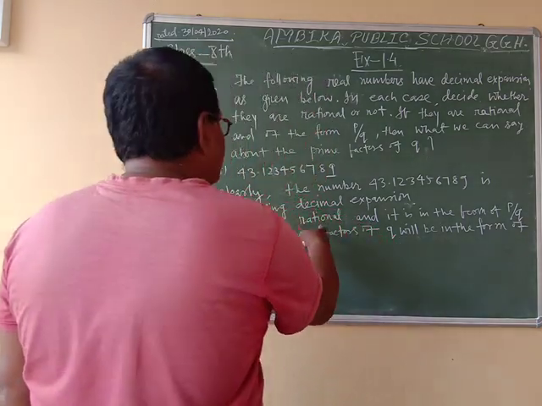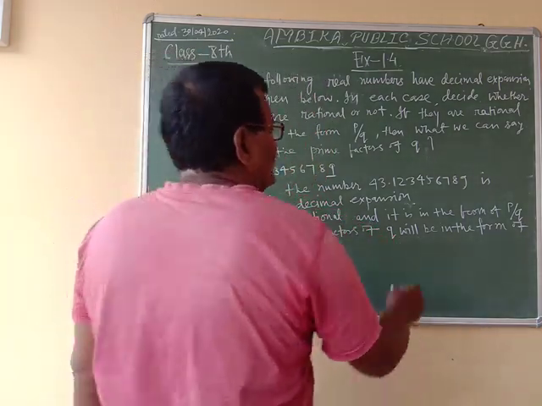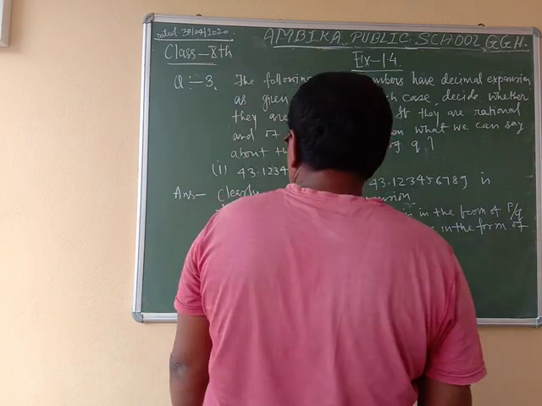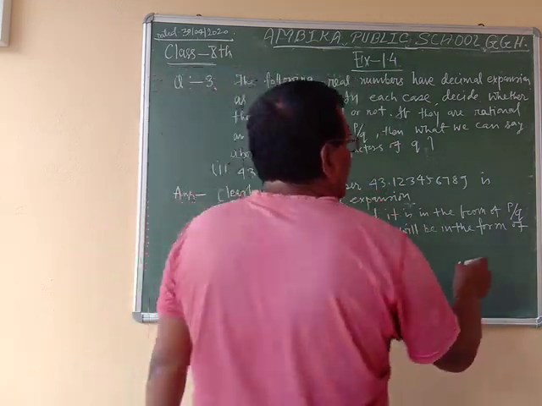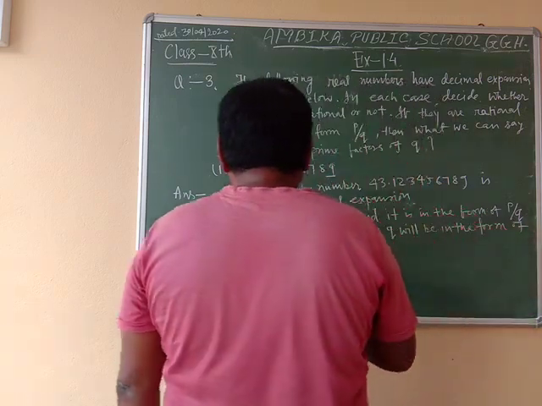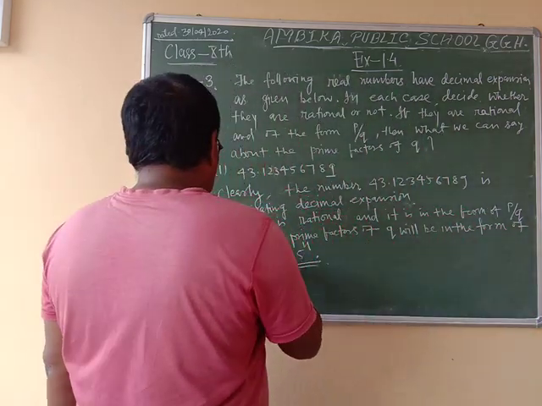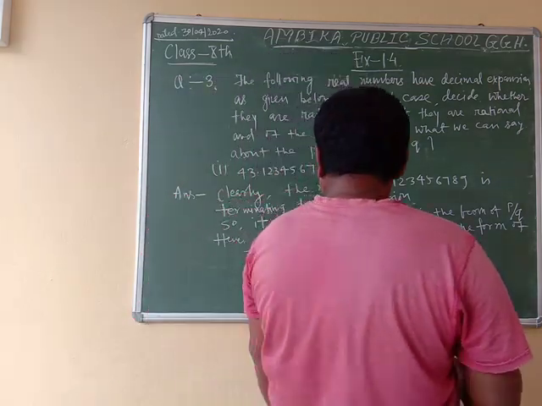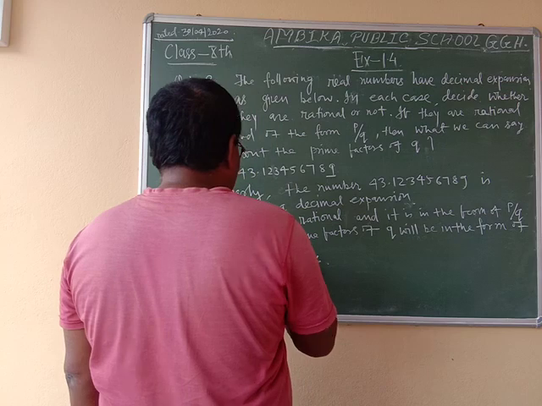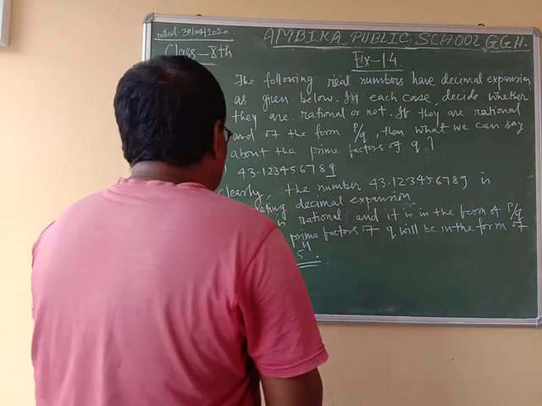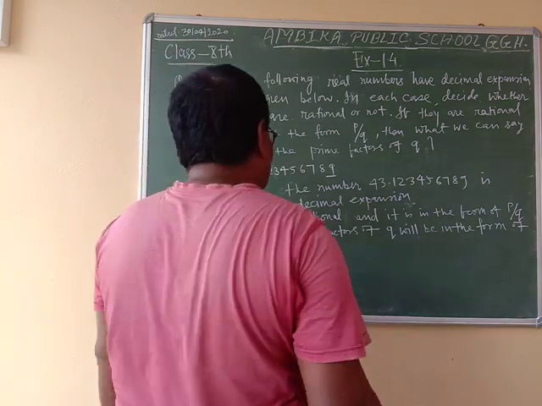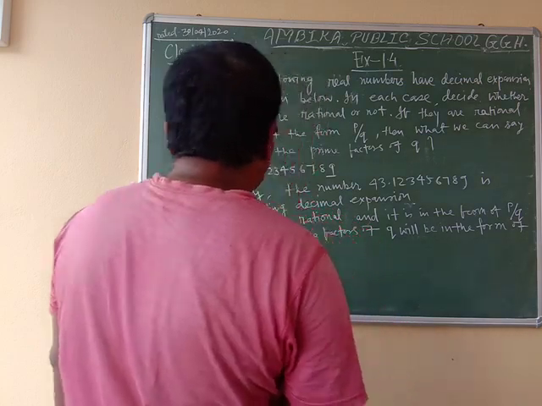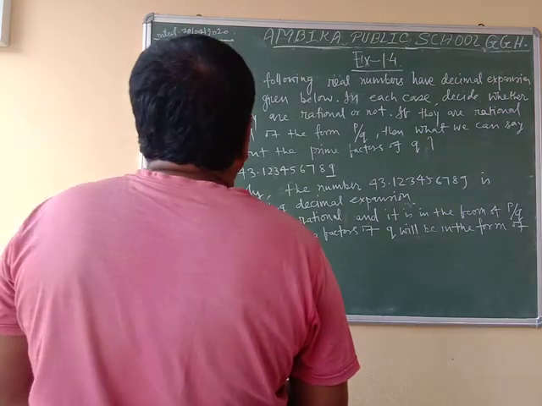So it is rational and it is in the form of P by Q. If it is a rational number, then the prime factors of Q will be in the form of 2 to the power n into 5 to the power n.